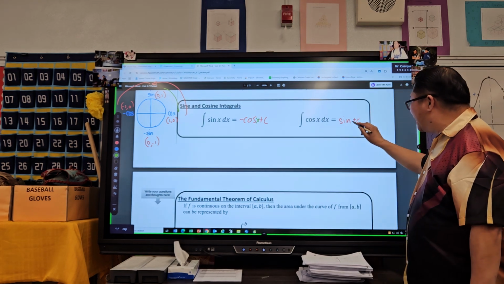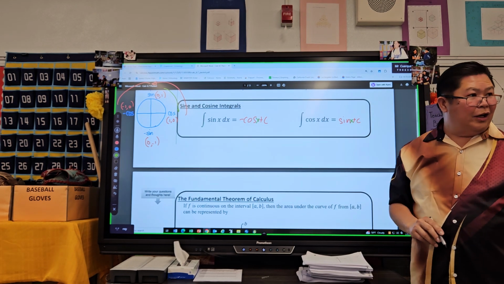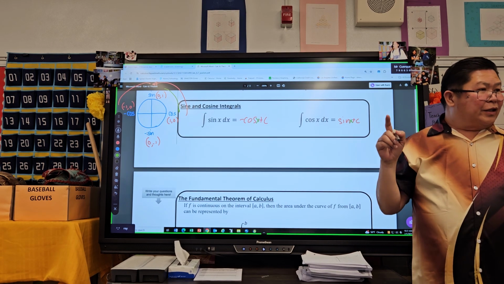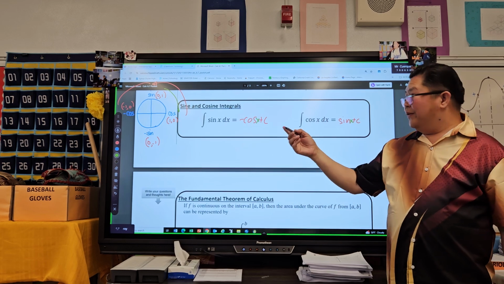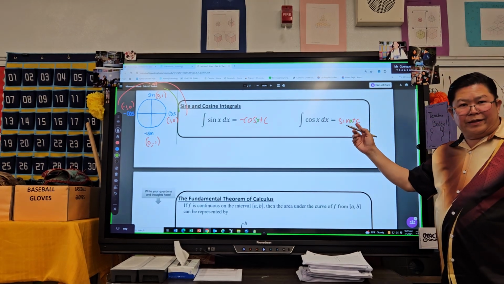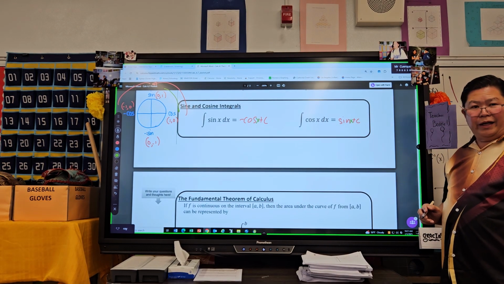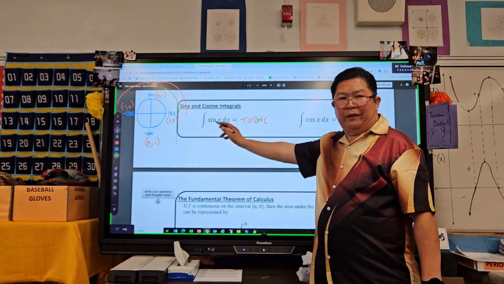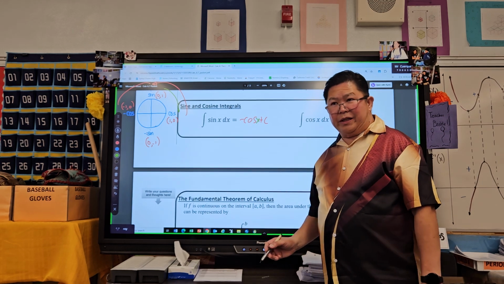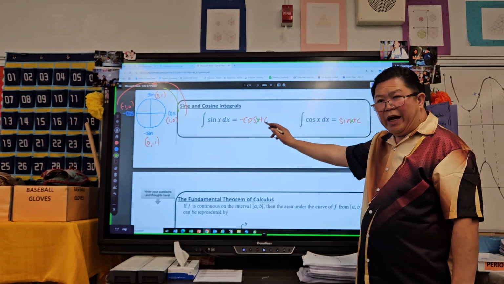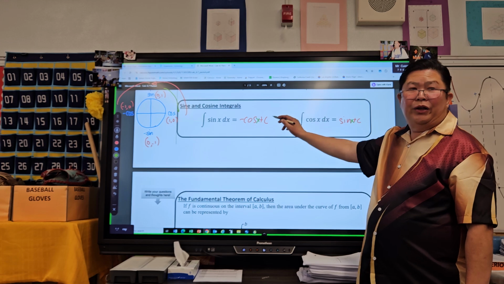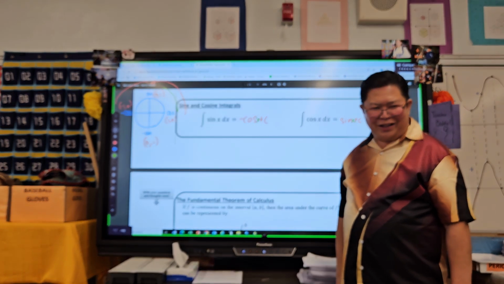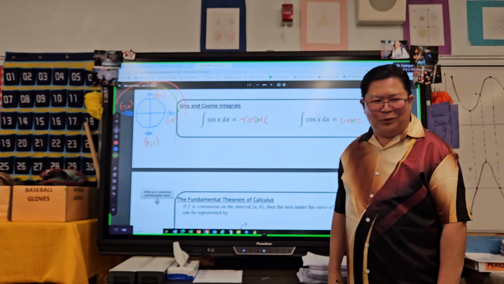X. Be careful. The antiderivative of cosine x dx is sine x plus c. However, the antiderivative of sine x dx is negative cosine x plus c. Don't forget to write your x, even if it's just x. It's still important.